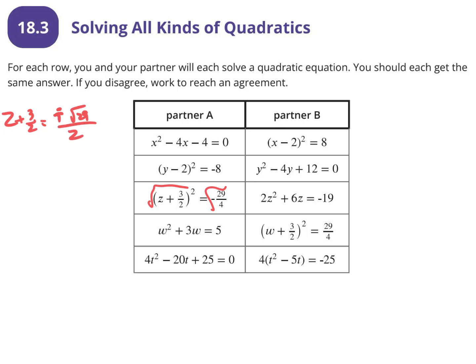The square root of 4 is 2. So from our rules, negative 1 times 29 over 4 is the same as the root of 29 over the root of 4. I can separate my roots.